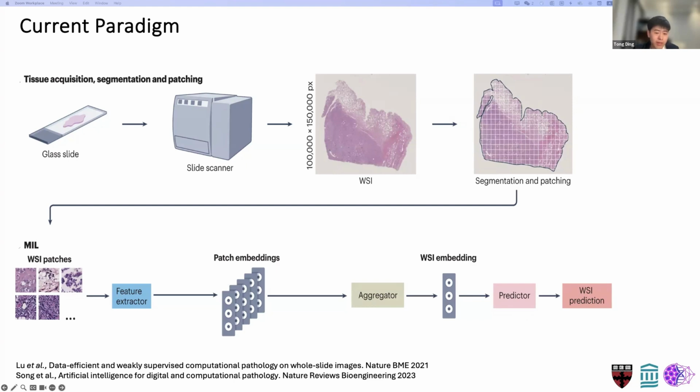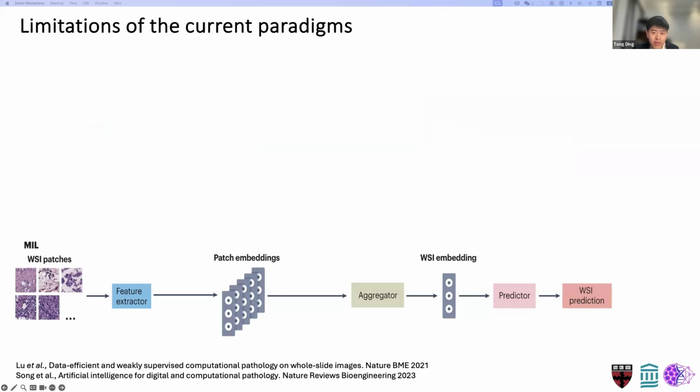Currently, the focus of foundation models is mostly on the feature extractor part. But the current paradigm has several limitations. First of all, the use of 256 by 256 patching has limited context, and it poses a very large number of patches for training the aggregator.